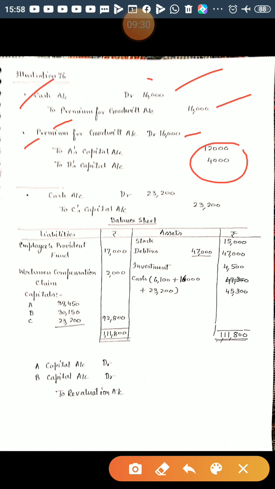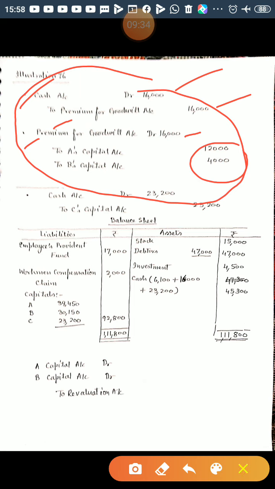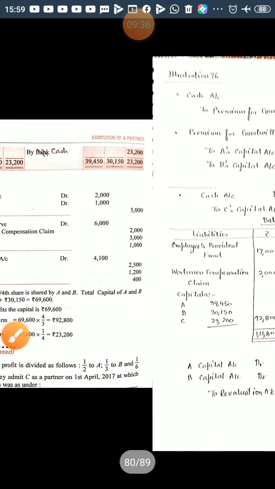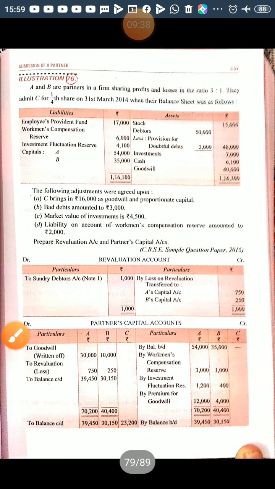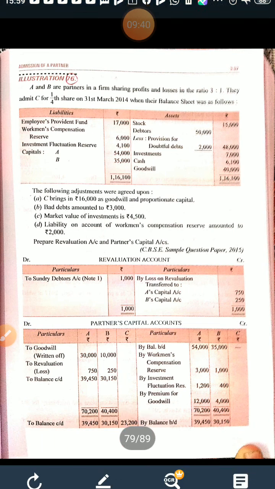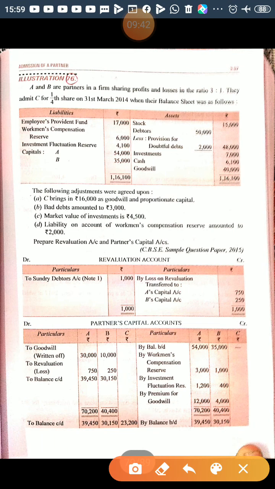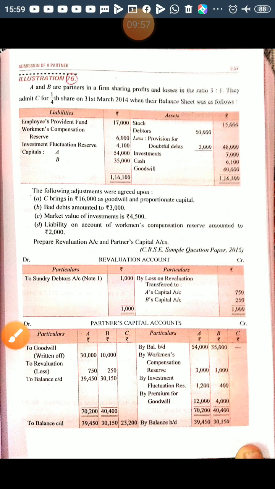So this you will show in your ledger. In the ledger, by premium for goodwill, in A's column 12,000 and in B's column 4,000, right? Apart from this, cash will be increased.